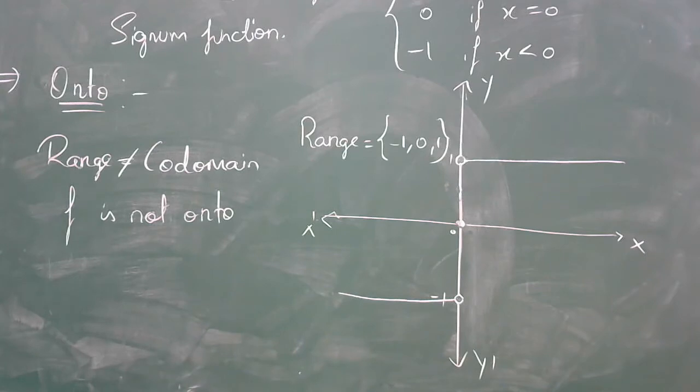So I hope you all have understood how to show whether the function is 1-1 or not, or onto or not. Is that clear to everyone? The examples which I have left out from the exercise, you need to solve on your own.